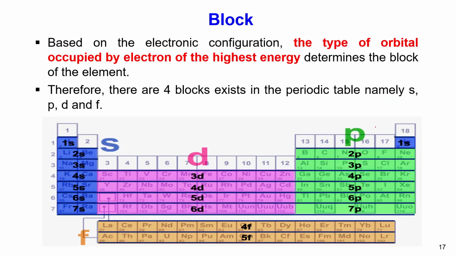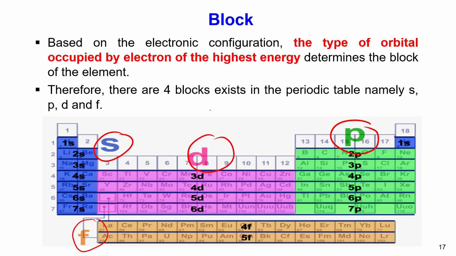Then we proceed to block. Based on the electronic configuration, we can determine the block of the element. We have 4 main blocks: S block, P, D, and F. Actually, the name of the block is the same as the name of the orbital in an atom.